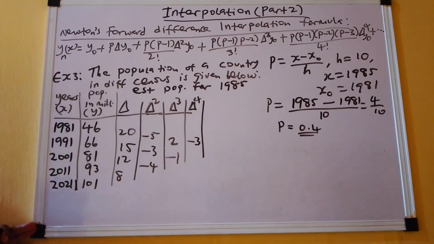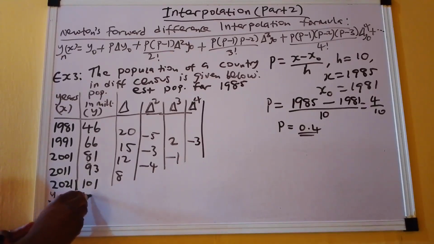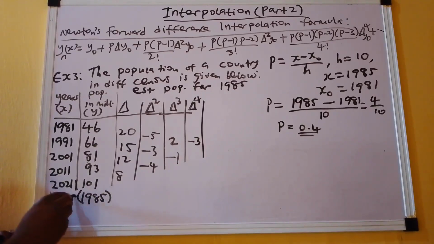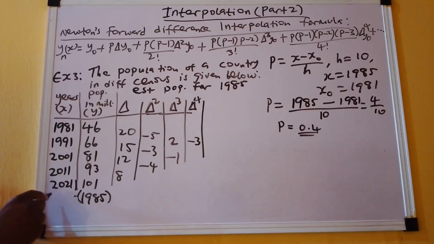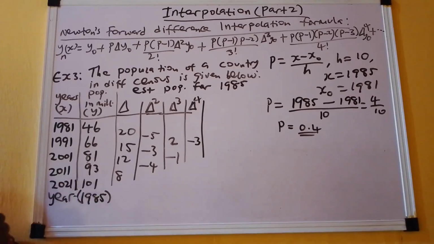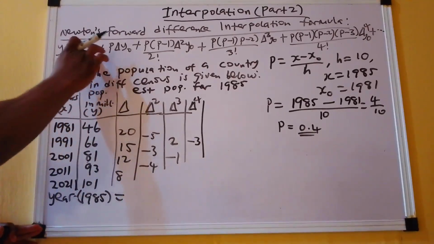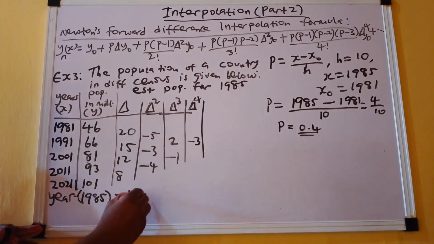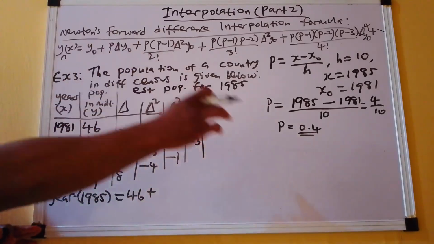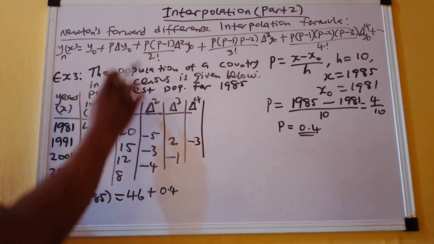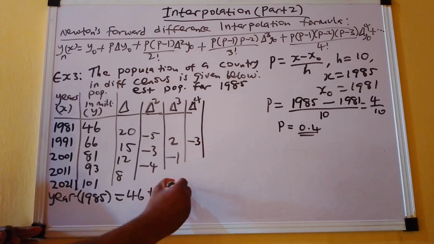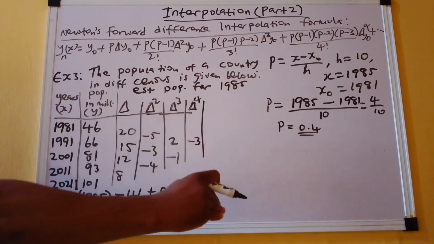So permit me now to start this application. So now we want to get for year 1985 using this formula. We are going to start this way. Our Y naught, of course, is 46, then plus P, our P is 0.4, into the first change, which is 20, the first forward difference.